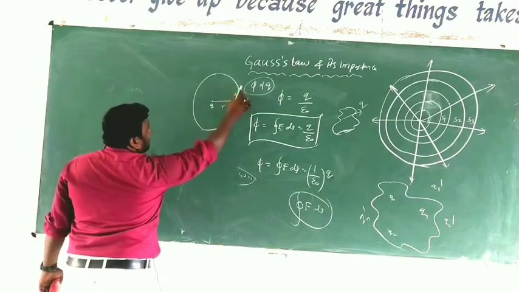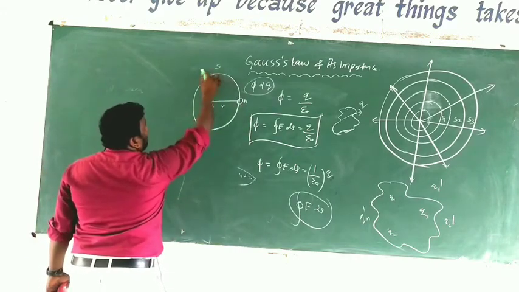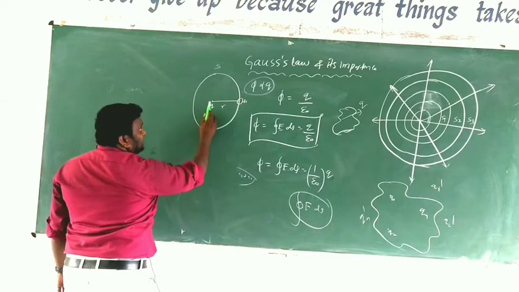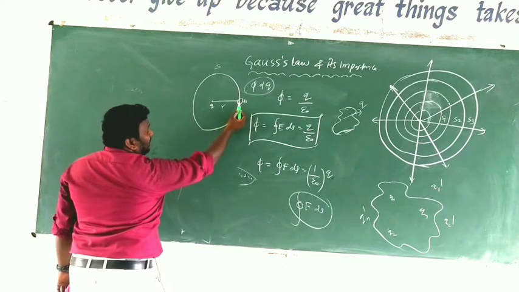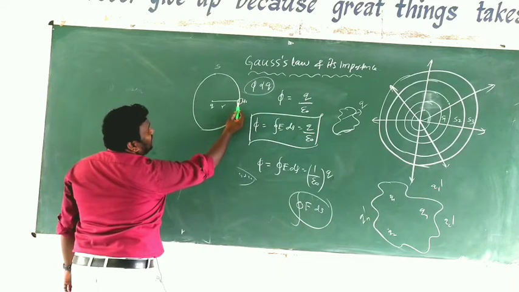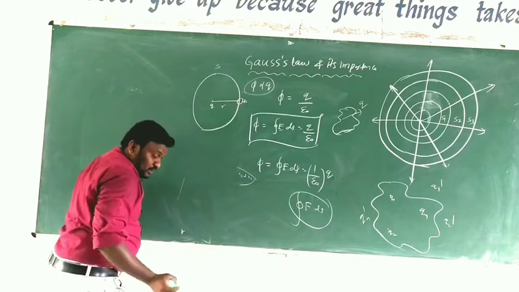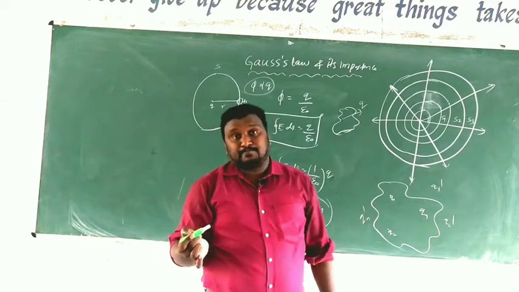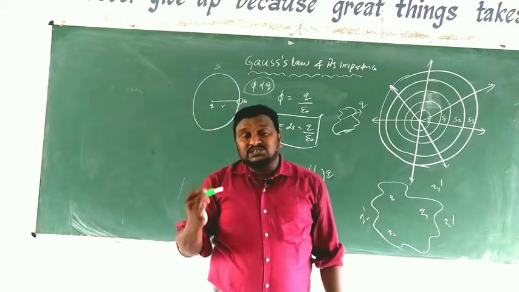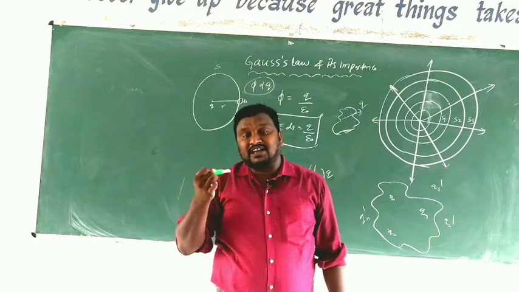This is a closed surface of surface area S. At its center, Q charge is there. On the surface of the sphere, the Gaussian surface, Gaussian surface means the closed surface for which we are going to explain the flux.